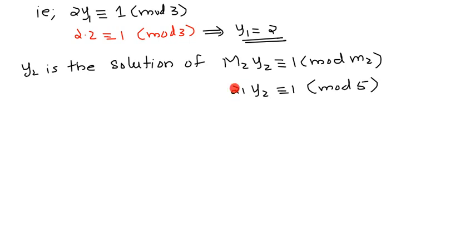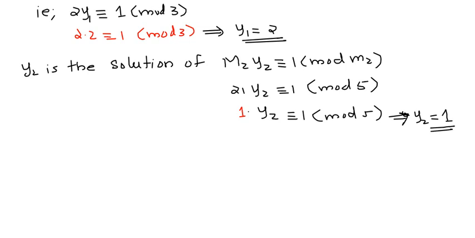What is the least residue of 21 mod 5? Dividing 21 by 5, the remainder is 1. So 1 into y2 is congruent to 1 mod 5. In this case, the multiplicative inverse of 1 is 1, so y2 is equal to 1.